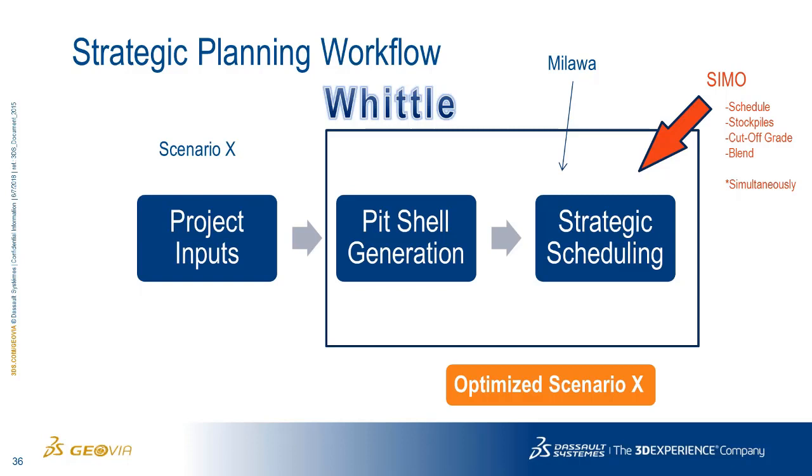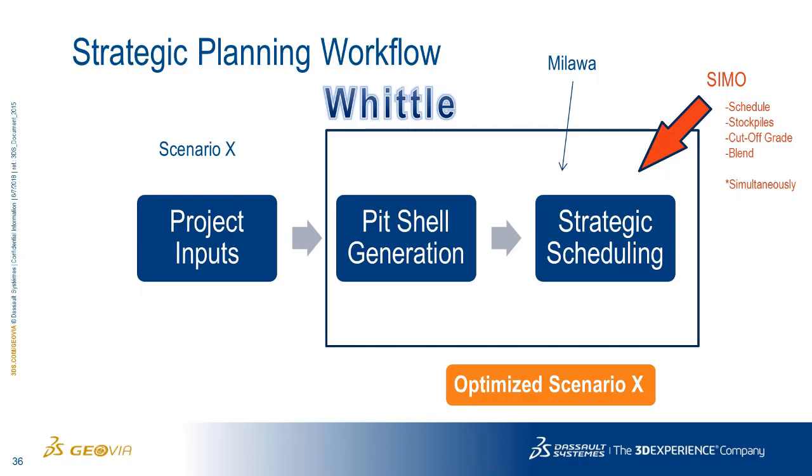So we push all those inputs together into our strategic scheduling box, and at that stage, as we've seen today, we have a decision for what optimizer I want to use. Do I want to use the Milawa tool? And as we've shown, the superior tool would be SIMO, where I'm looking at the scheduling, stockpiling, cutoff grade optimization, and all that simultaneously. So at the end of that process, we can say we've optimized scenario X.